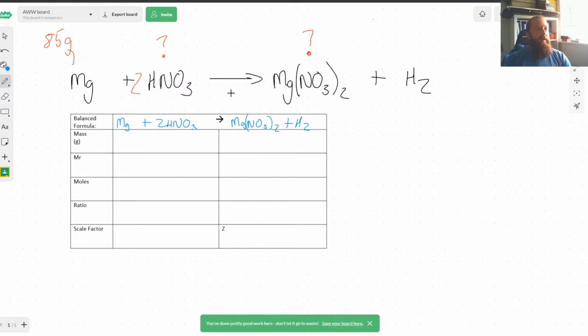Okay, so I've done that. I can put my ratios in. I've got 1 magnesium. I've got 2 nitric acids. I'm going to make 1 magnesium nitrate. And I've got 1 hydrogen.